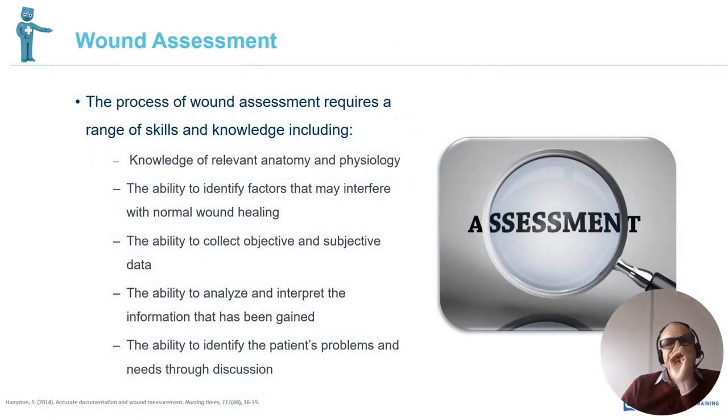So wound assessment is very particular. Usually when we think about wound assessment, we look at the measurement, we look at the wound bed, etc. But what is very important is to understand that we need to have very good knowledge of anatomy, physiology and pathophysiology. We need to understand how to determine the factors that can interfere with healing.